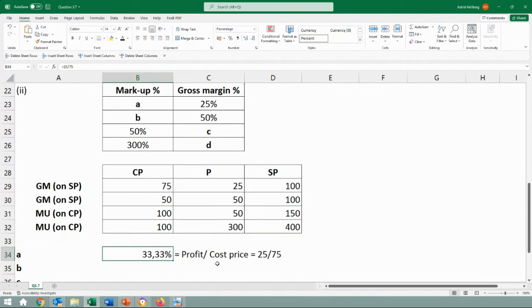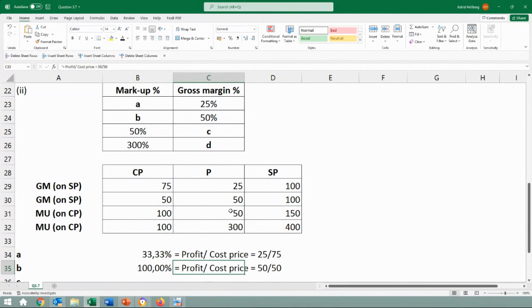That's how I convert a gross margin percentage to a markup percentage. We follow the same principle for the second one: the profit of 50 divided by the cost price of 50 gives you 100%.